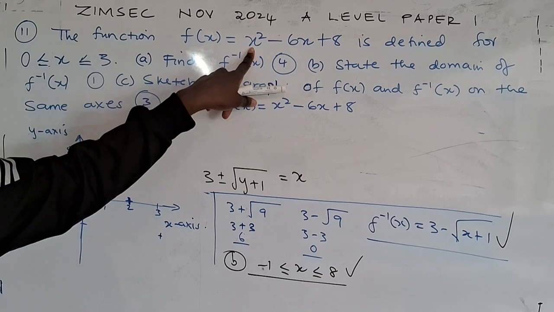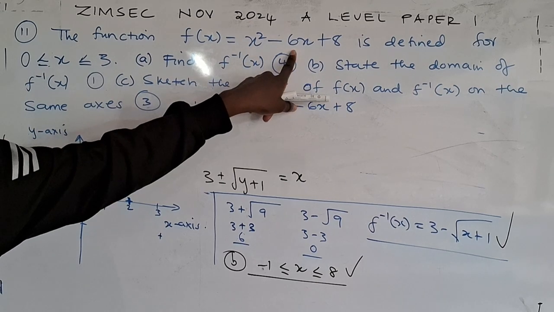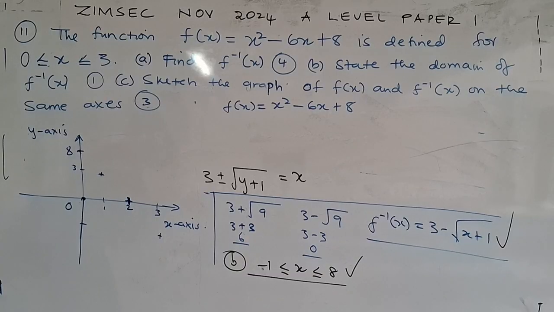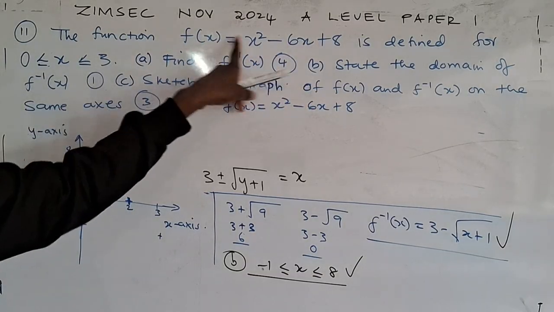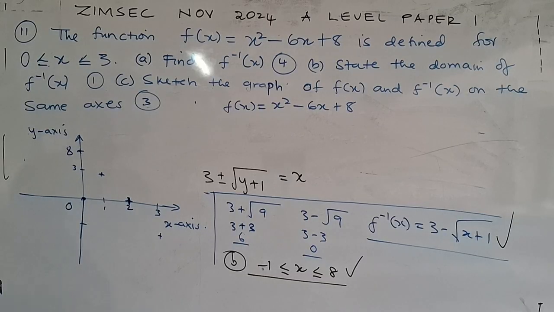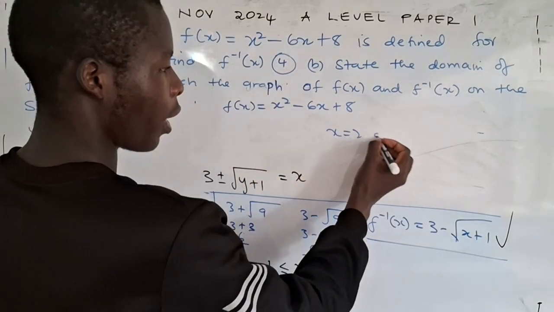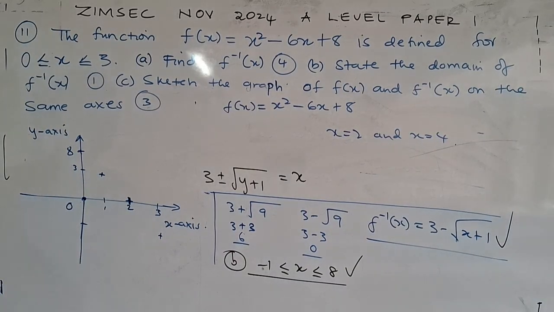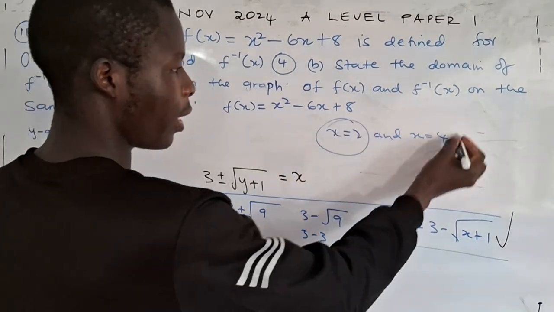Now I'm going to solve. This is 1, this is negative 6, and this is 8. The solution is x equal to 2 and x equal to 4. So this graph cuts the x-axis here and here.